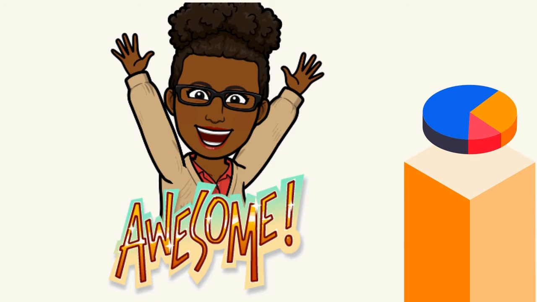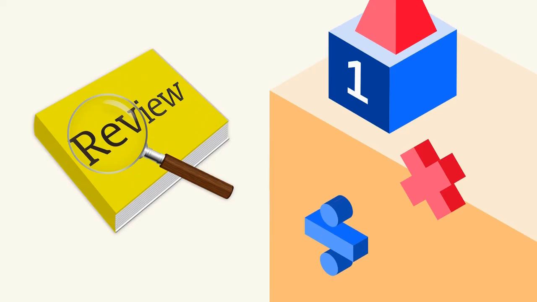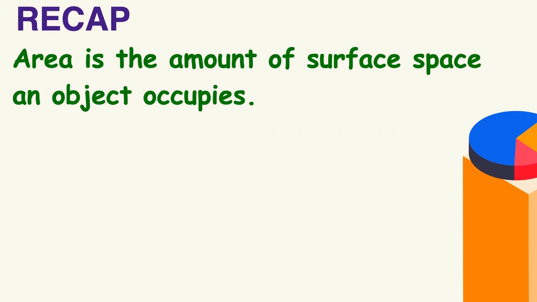You are doing awesome. Your brain is percolating. Beautiful job. Now let's do our daily lesson review. Today we learned about area. We said that the area is the amount of surface space an object occupies.